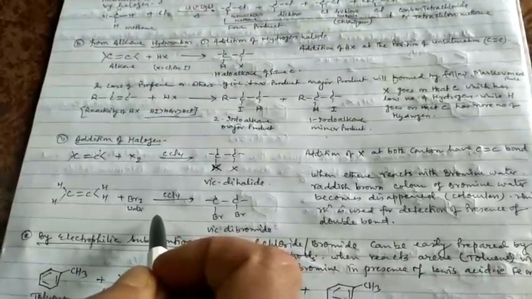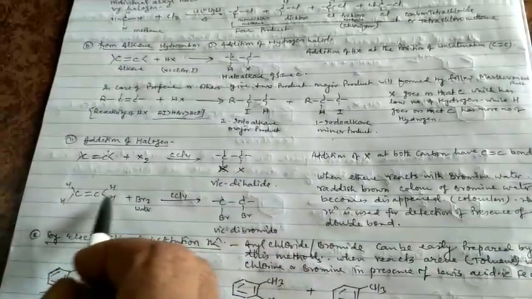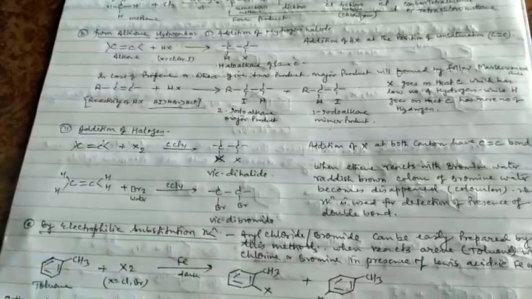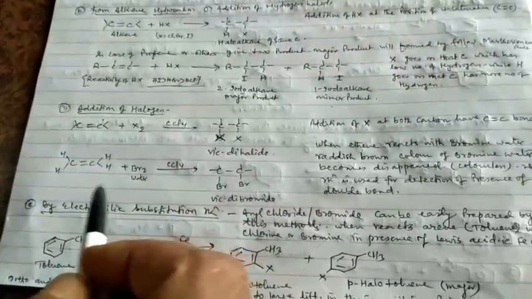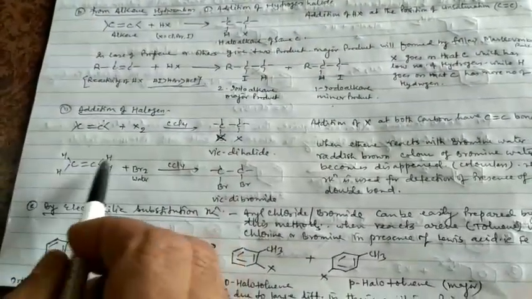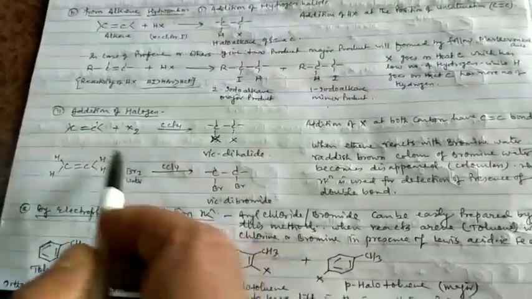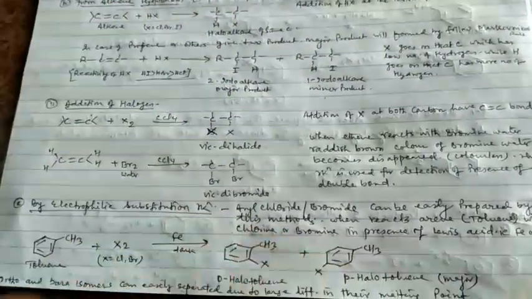That indicates the presence of a double bond in the ethene. So this reaction is also used in detection of a double bond in given organic compounds.